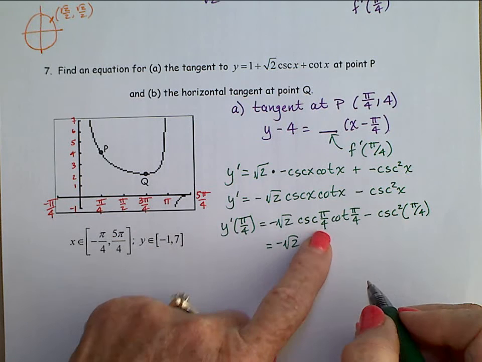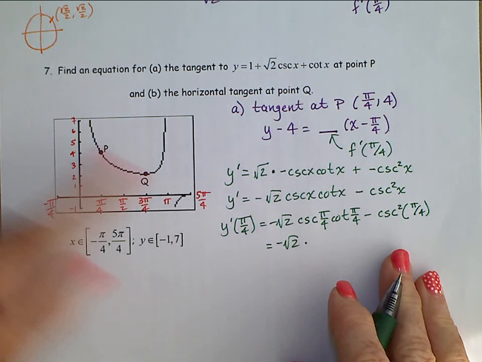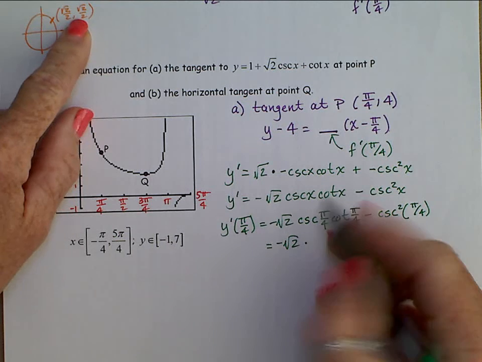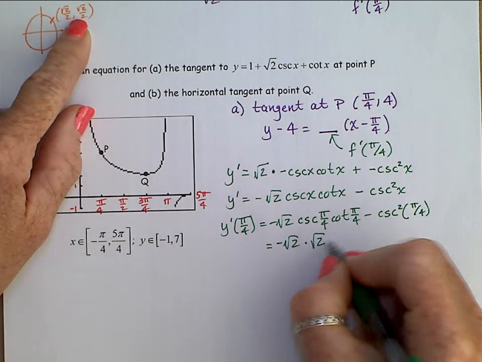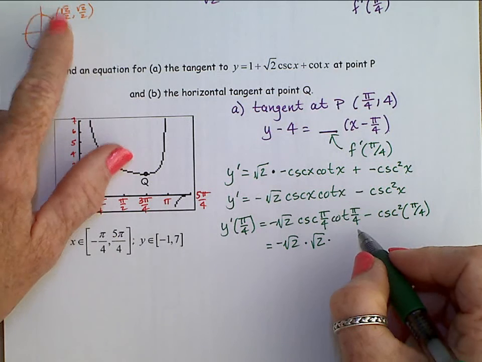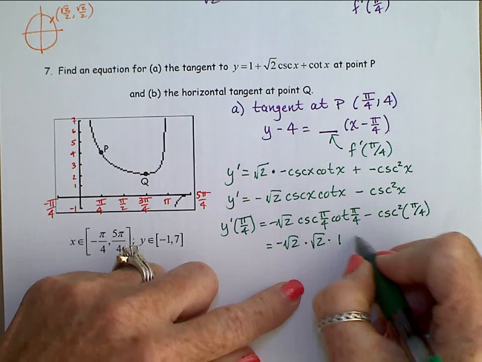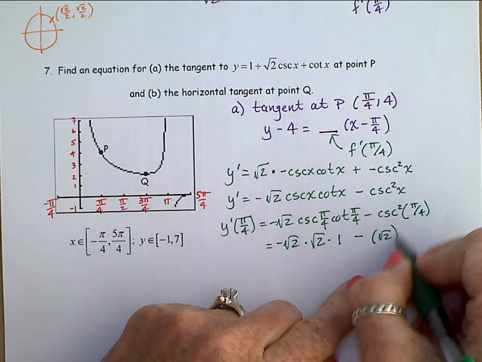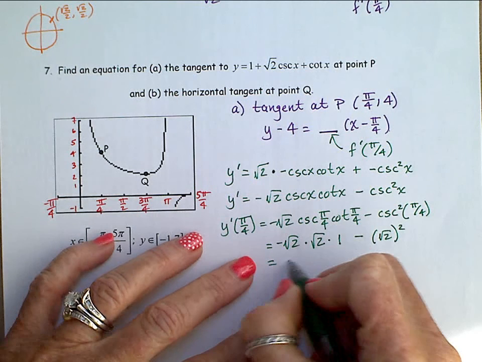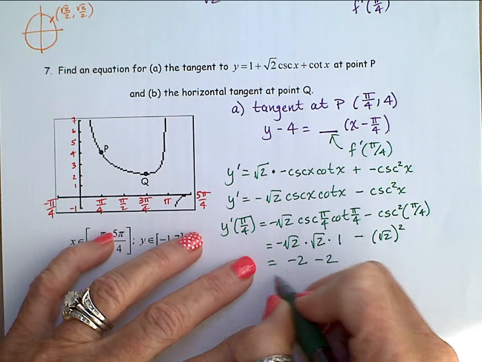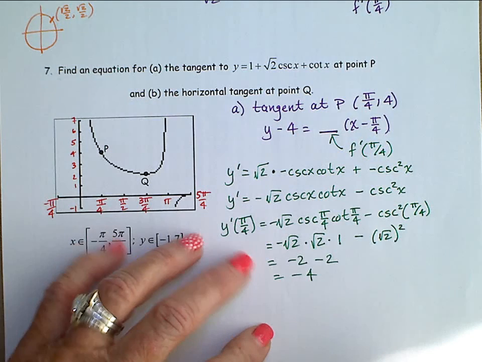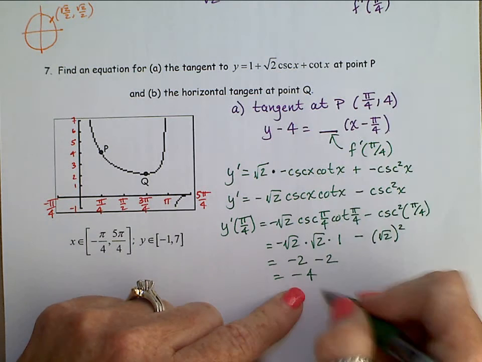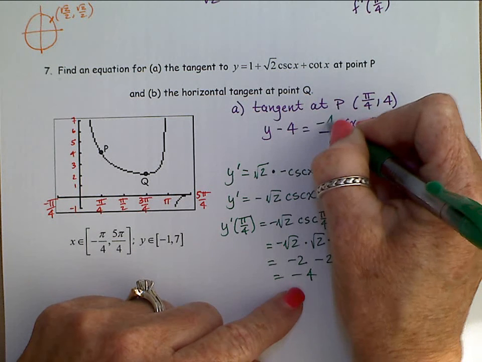Cosecant of pi over 4, we can look back at this unit circle, and the cosecant of pi over 4 is square root 2. Cotangent of pi over 4, cosine over sine, that's 1, minus cosecant squared of pi over 4, so we'll need a square root 2 squared. And we'll have a negative 2 minus 2, which is negative 4. There's the slope. Goes all the way back up here, negative 4.